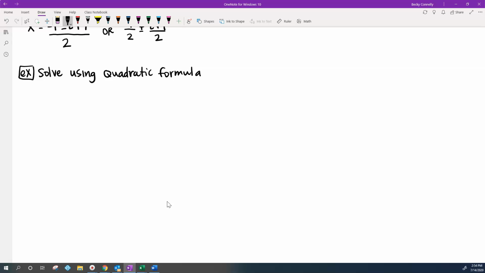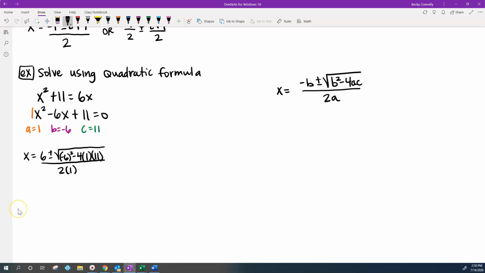So we're going to do x squared plus 11 equals 6x. I lost my place where I was at there. All right, so go ahead, use that quadratic formula to solve that.